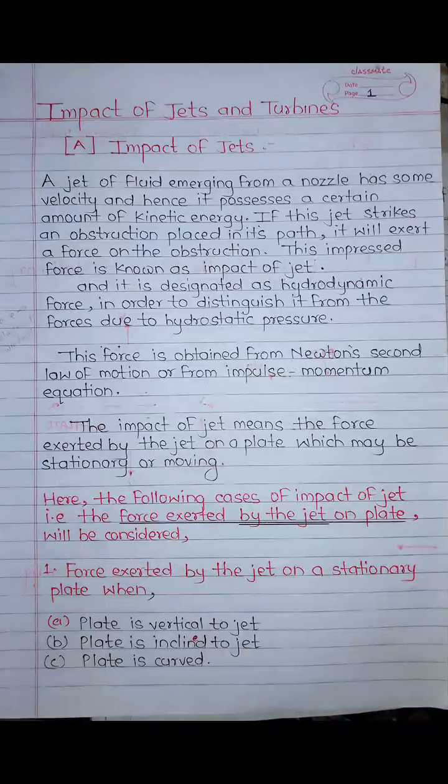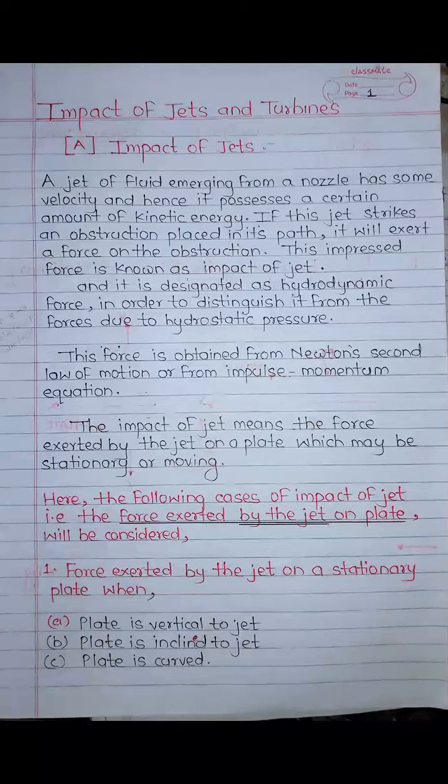Now the impact of jet. In the next part of the impact of jet, we have to discuss some conditions. Here the following cases of impact of jet, that is force exerted by the jet on the plate, will be considered. Here the plate may be stationary, or the plate may be moving.